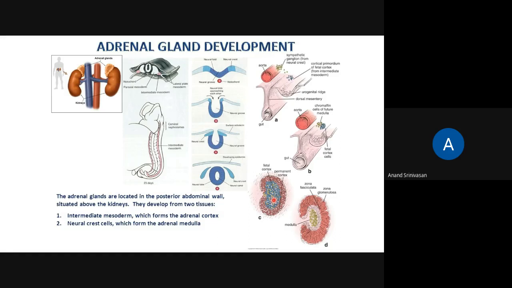So the adrenal glands are located in the posterior abdominal wall, situated above the kidneys, and they develop from intermediate mesoderm and the neural crest cells. Any doubts?